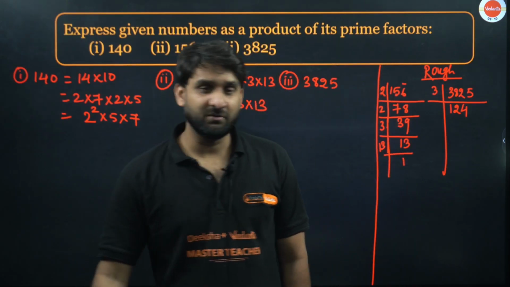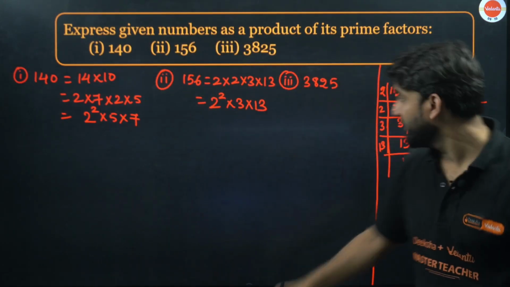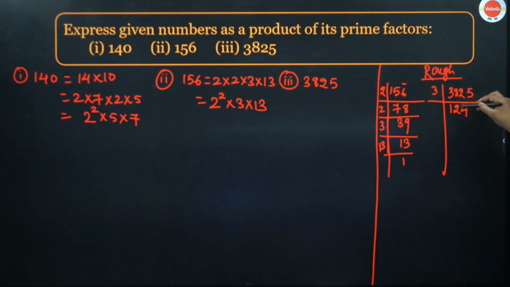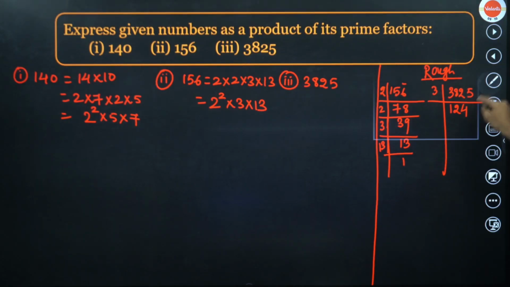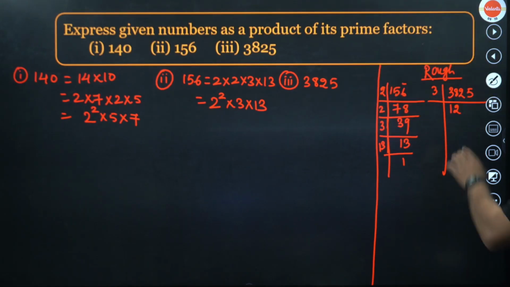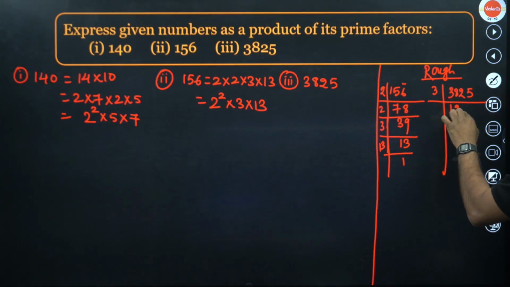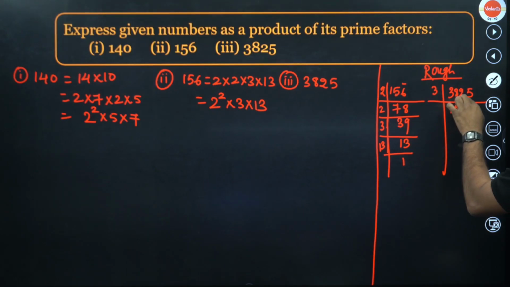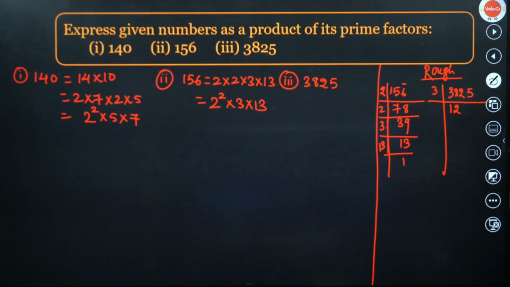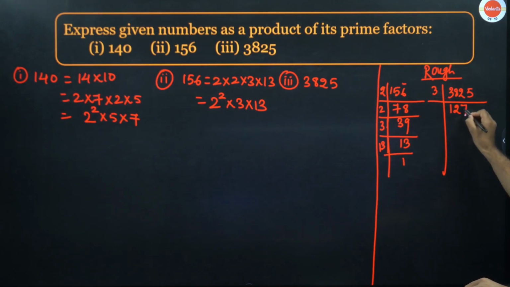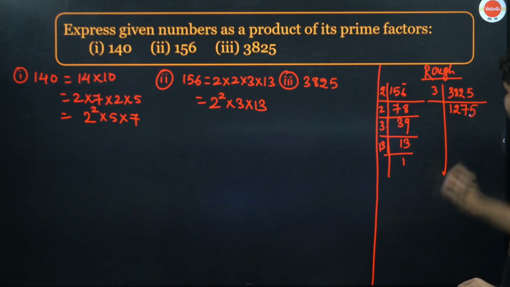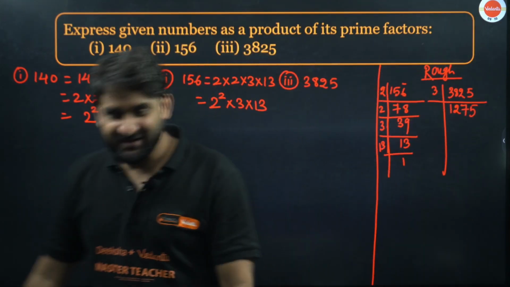Let's check it once again. 3 1s are 3, cancelled. This is 8. So 3 2s are 6, but we have 2 as remainder, so it will be 22. So 3 7s are 21, and then 15. Wow, it is dividing by 3.